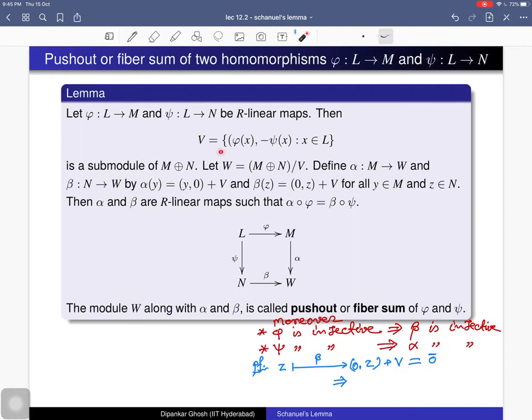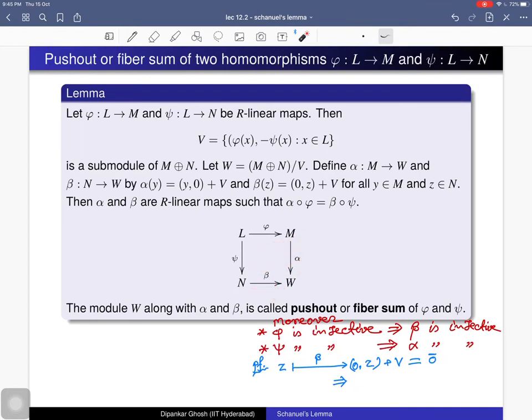Therefore this is a submodule V of the direct sum. So we can consider this quotient module, and we call this quotient module W. So this is our R module, and next we should find module homomorphisms so that this diagram is commutative.